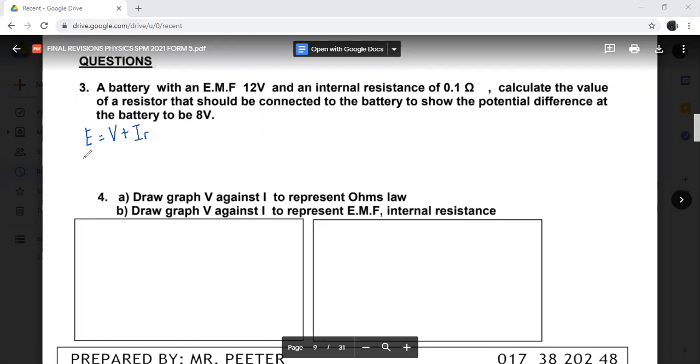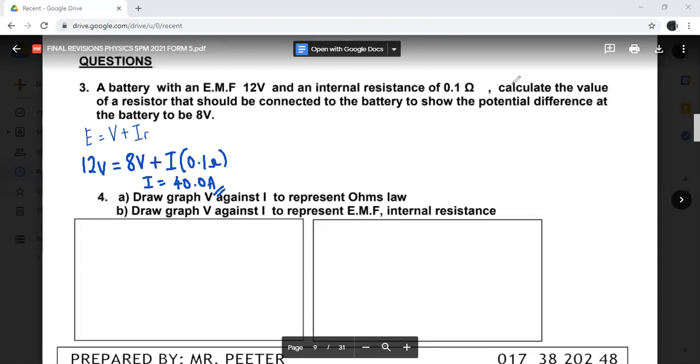EMF given 12 volt. V is 8 volt. I, we do not know, but we know the internal resistance is 0.1 ohm. So the current that flows in this circuit will be how many amperes? Betul gak? Hello guys? Ya, betul.